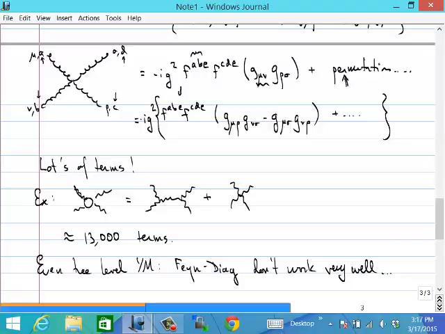So, for example, when you add up these 13,000 terms, if you add up 13,000 random terms, you might expect that the answer that you get is very complicated. But in fact, it's a very simple answer. It's done, and I think it's even done in some of the textbooks, and it's something you can write down in one line.